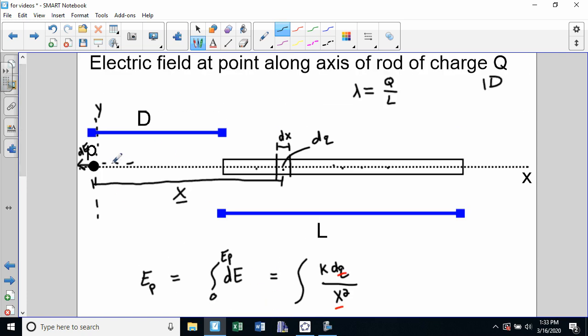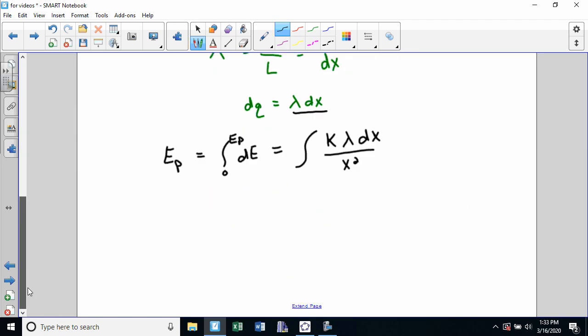This is my origin, so anything from 0 to D, there are no charges in that region. Nothing is contributing until I get to position D, and then continuing until I get to a position of D plus L. So I want to add up all the charges from D to D plus L. My integration bounds are going to go from D to D plus L.